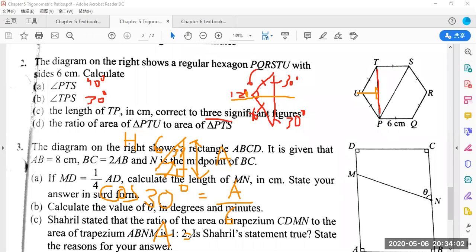So we get 6 times cos 30. The answer is 3√3, which is 5.169 something. Never mind, this one is the one side, so we need the other one, so we multiply 2.